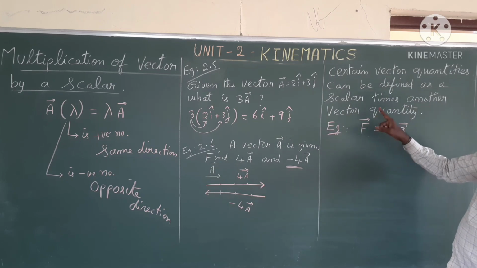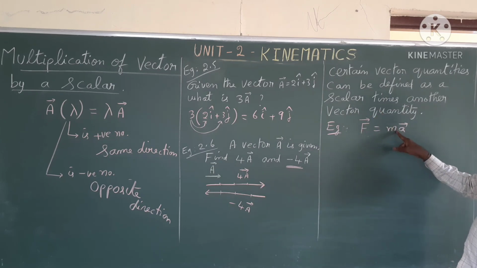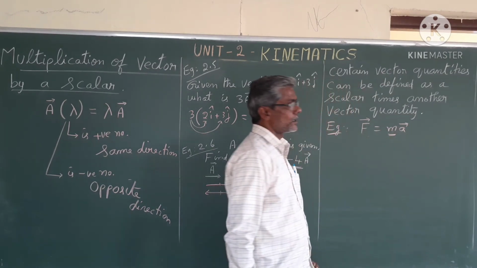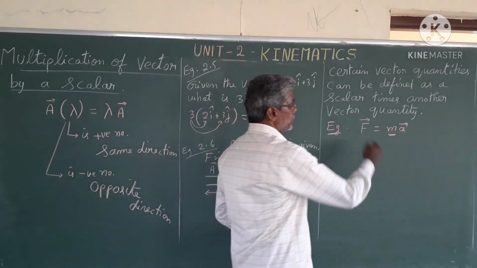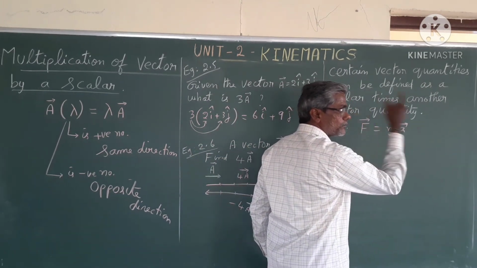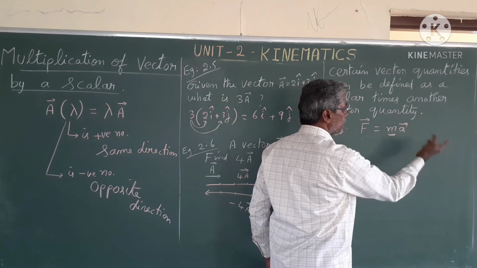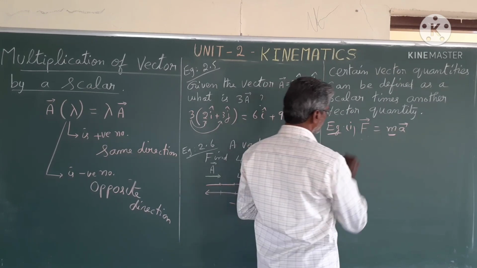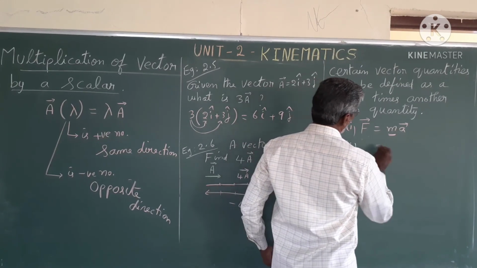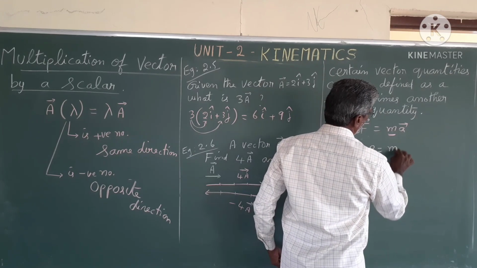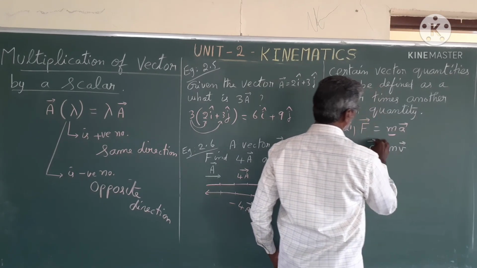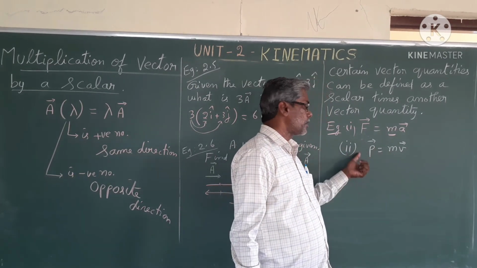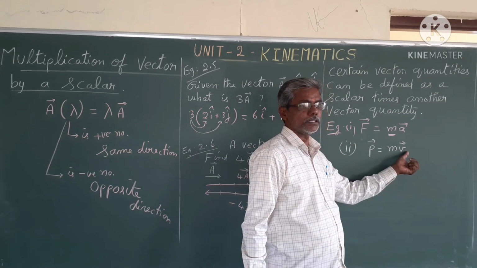So here, since the scalar is a positive number, the force moves in the same direction as that of acceleration. So we take another example. Momentum is equal to mass into velocity. Here also the scalar is a positive number, so momentum moves in the direction of velocity.